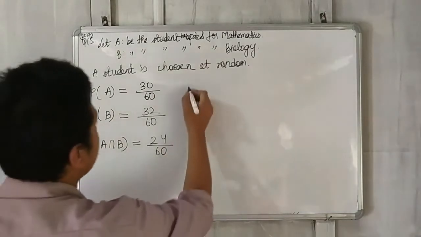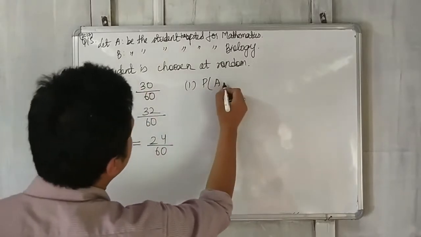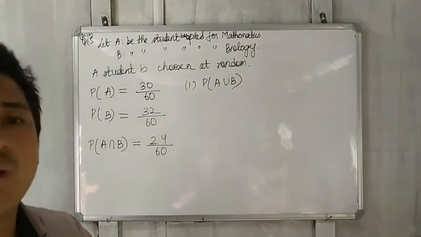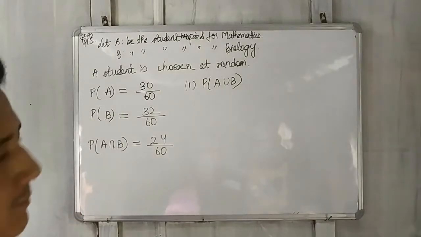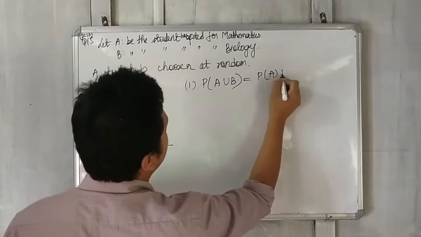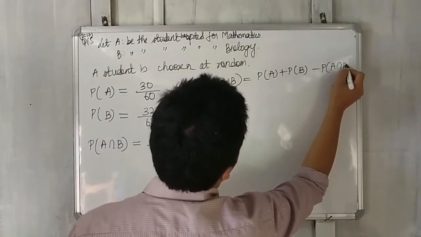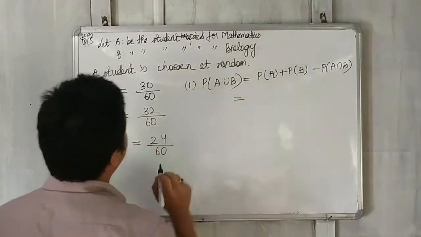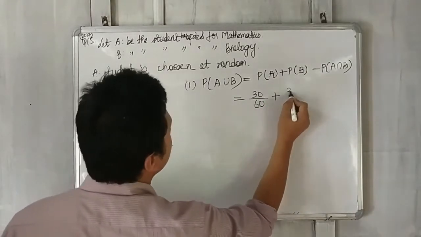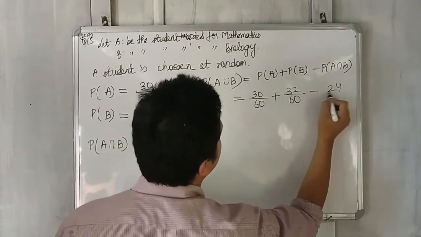The question is asking, what is the probability that this chosen student has taken maths or bio? So the formula is simple: probability of A plus probability of B minus probability of A intersection B. Probability of A is 30 by 60, probability of B is 32 by 60, probability of A intersection B is 24 by 60.